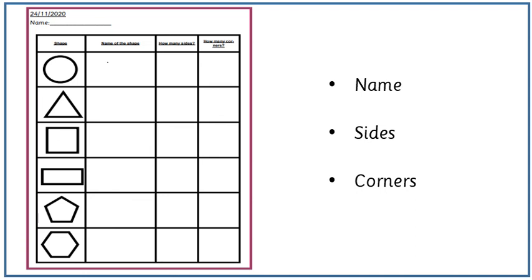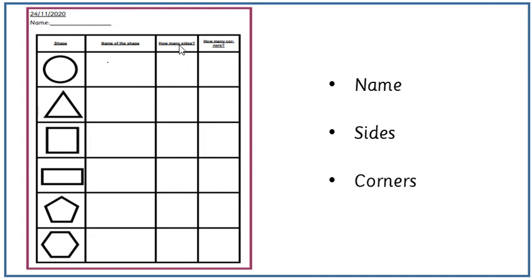In your home learning pack, you'll have a sheet that looks like this. And there's 3 things you need to do. Once you've looked at the shapes on the table, let's start with the first shape, which is a circle, which we've just done. In the first box, you need to write the name of the shape. So you would write the word circle. And if you're not sure of the spelling, you can use your shape mat to help you.